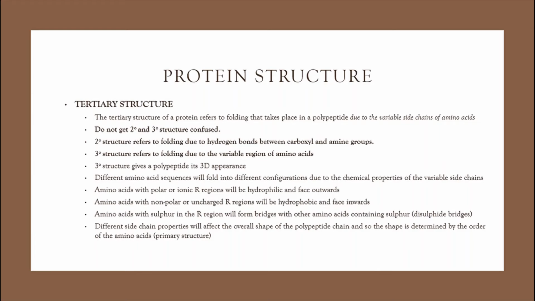So we can see here that different side chain properties affect the overall shape of the polypeptide chain. And so the shape of a polypeptide is determined by the order of the amino acids.